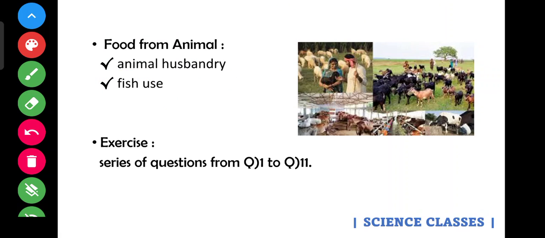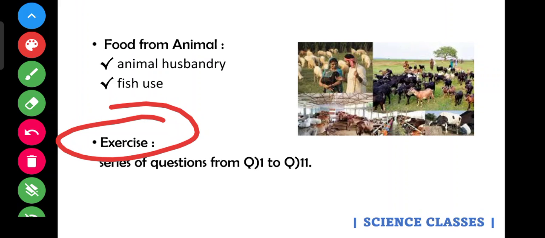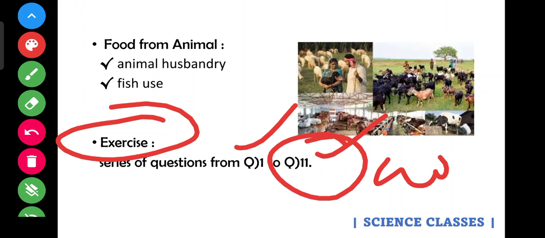Next is the last of this series on crop production and management that I will be uploading in future. The last two videos will be about the exercises of this chapter. There are 11 questions in total, from question number 1 to 11. The last, 11th question is based on crosswords.